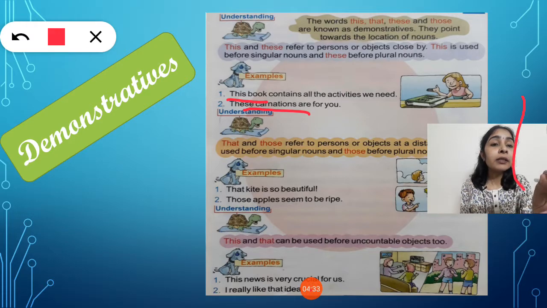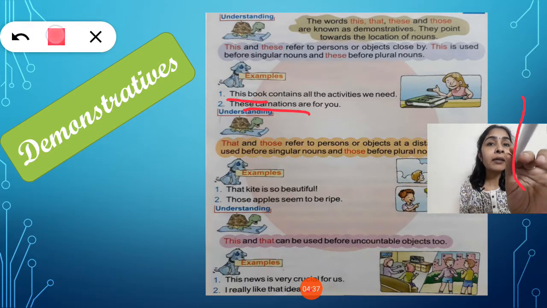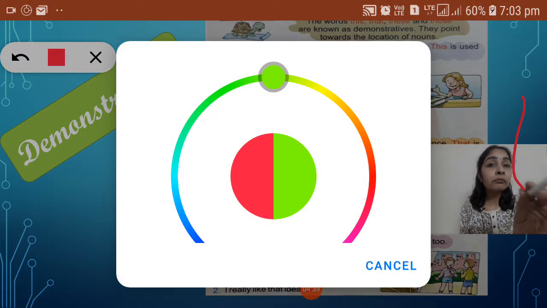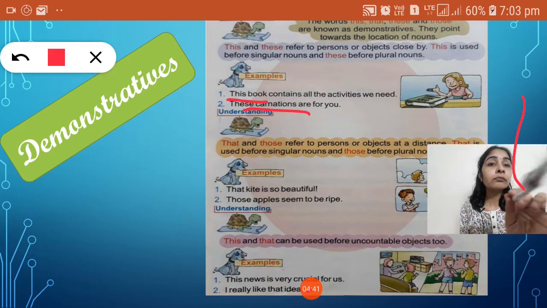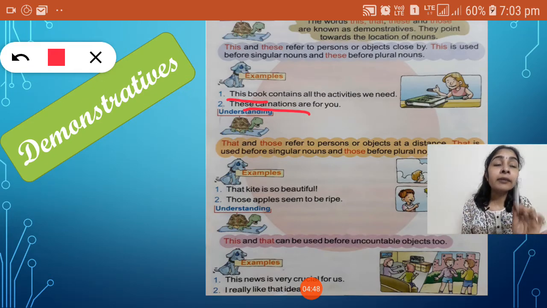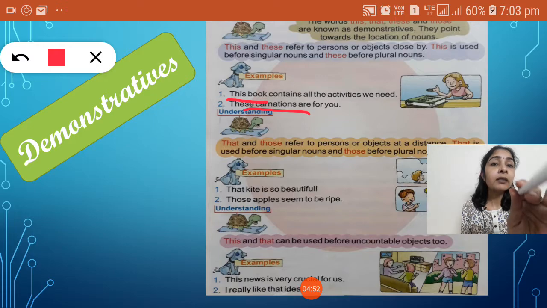Let us see the next thing, that and those. When we talk about that and those, the things are at a distance.